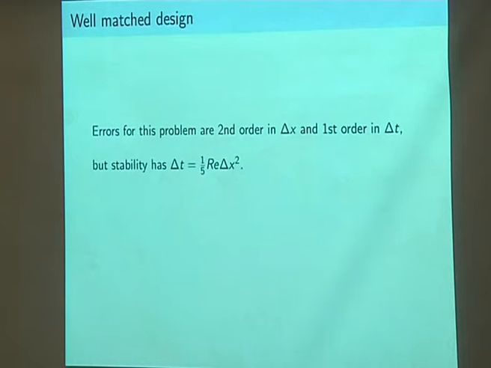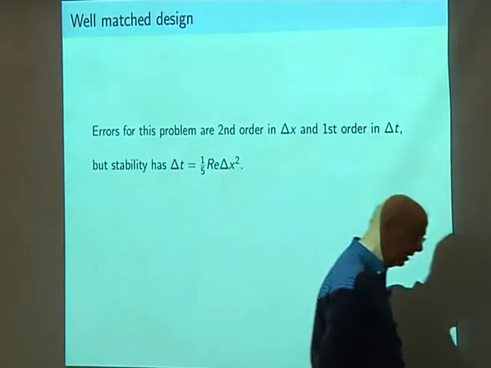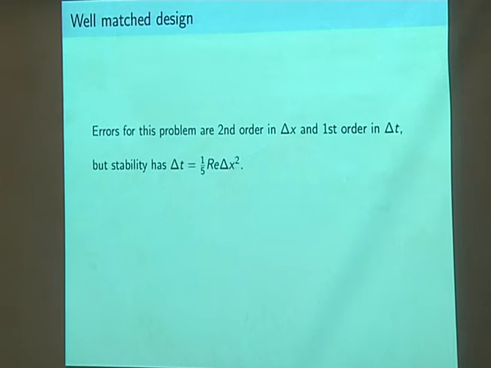And the nice thing is this stability criterion, I'm operating not on the boundary, but at 1/5 of the boundary, that we have to have delta t the size of delta x squared, means that delta t time errors are the same size as delta x squared space errors, because delta t is the size of delta x squared.